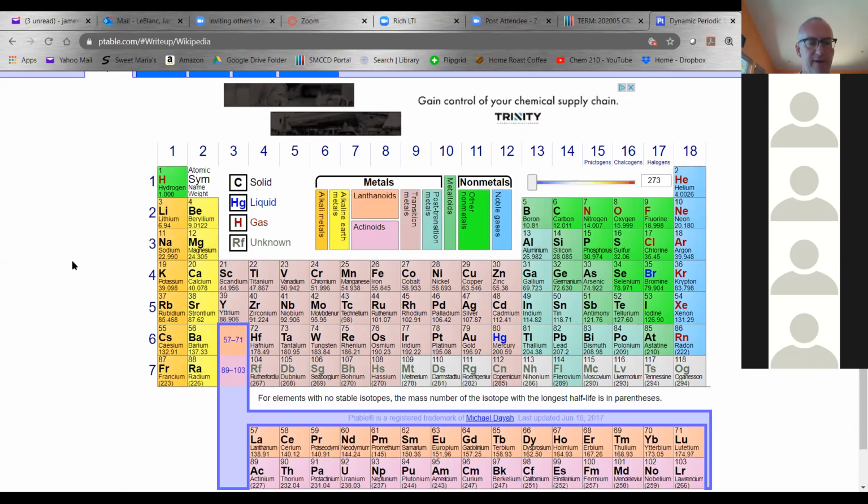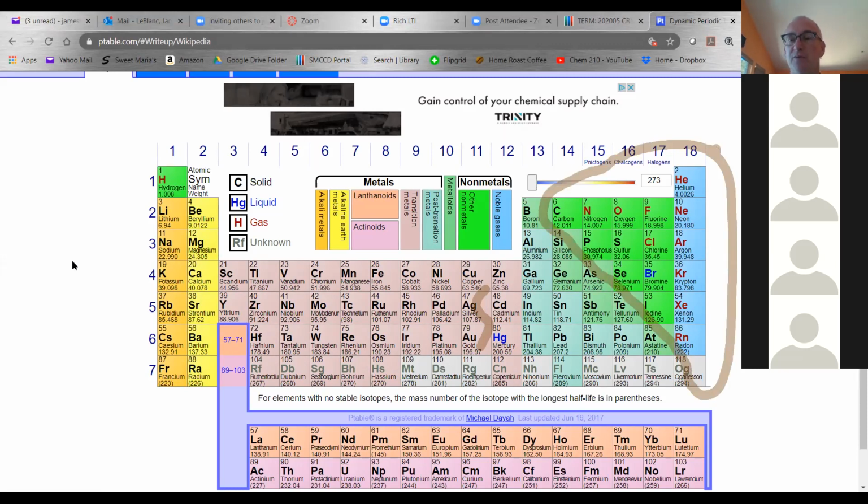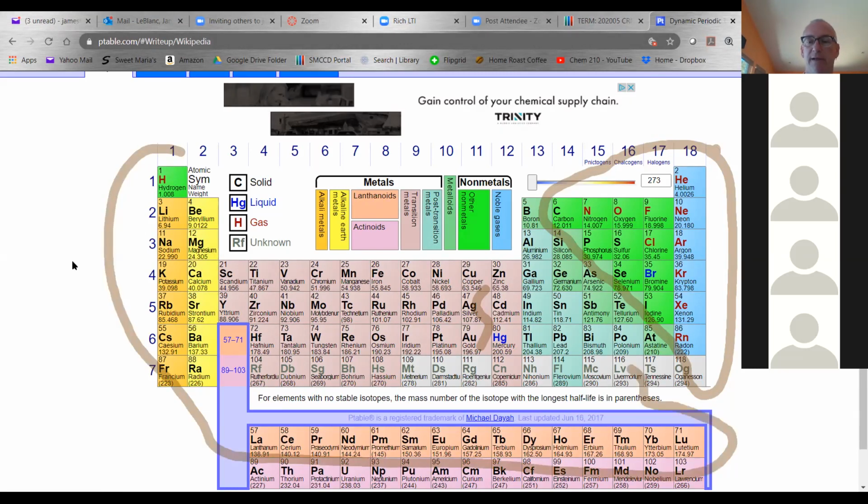And I don't know if I can write in here. Let's see. Oh, I can. Excellent. So these are nonmetals. Just those few elements. That's it. Everything over here, and all of these, and all of these are metals.